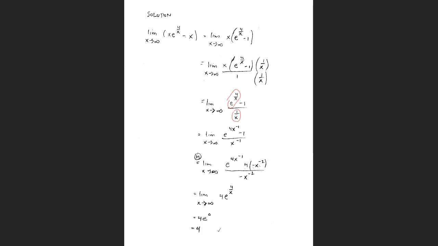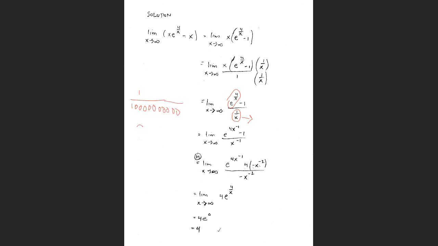Let's take a look here. Now, 1 over x, what does it approach as x goes to infinity? What does the denominator 1 over x approach? What value? So take 1 and divide it by a very, very big number.